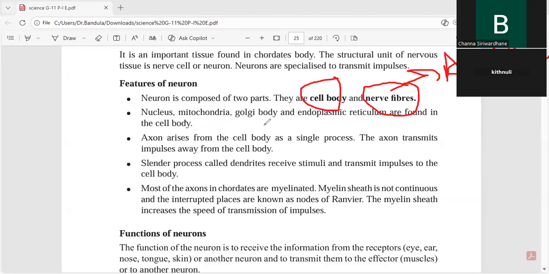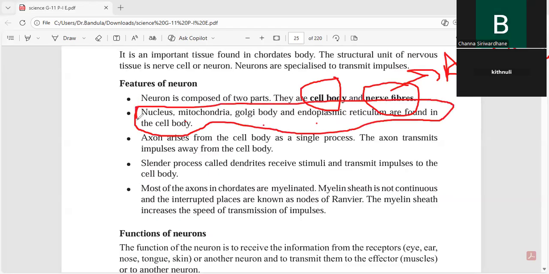Nucleus, mitochondria, Golgi body, endoplasmic reticulum are found in the cell body, not within the axon. Axons arise from the cell body as a single process. The axons transmit impulses away from the cell body.